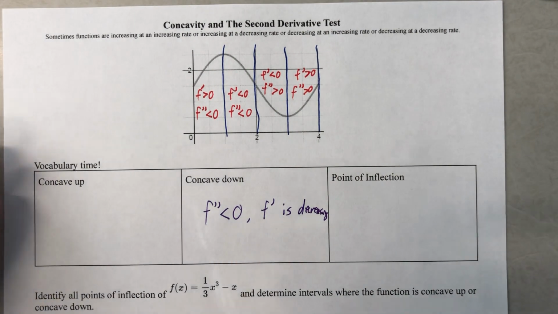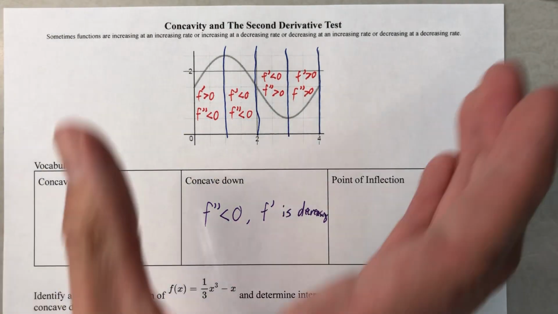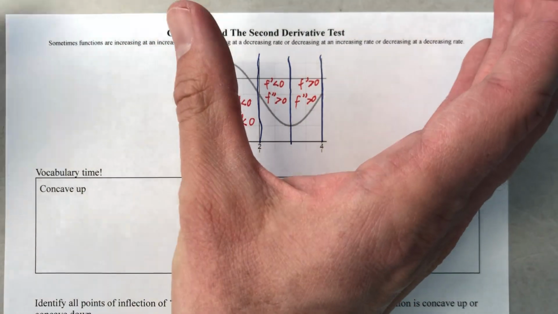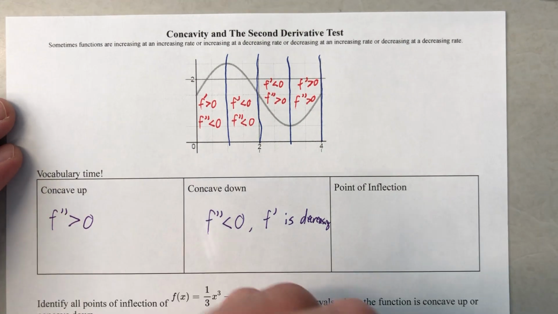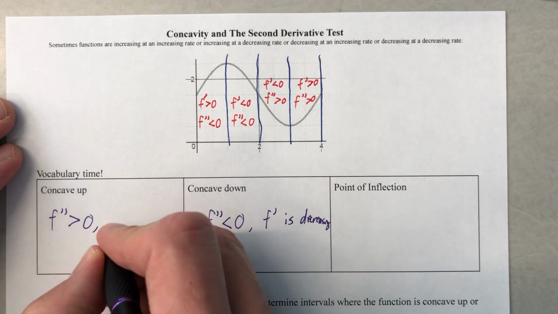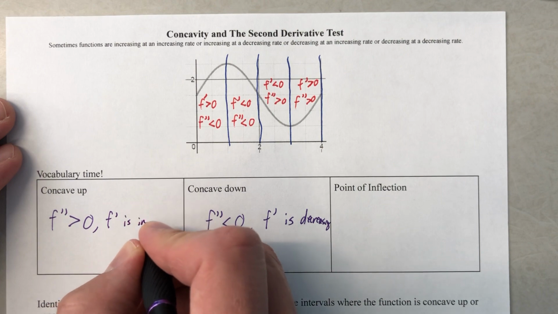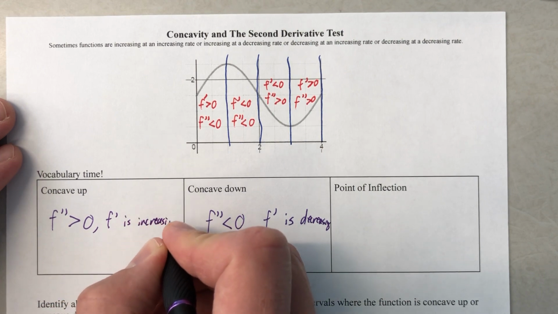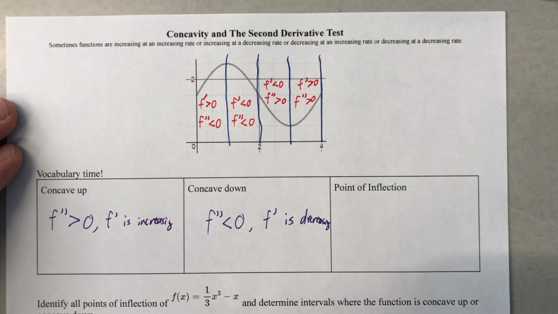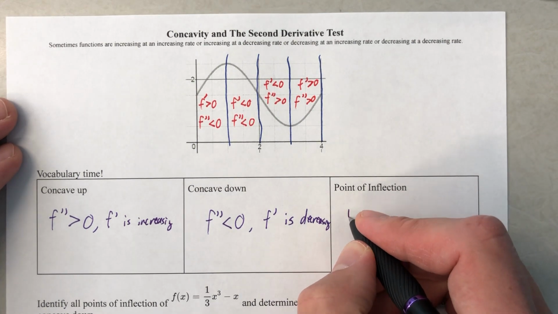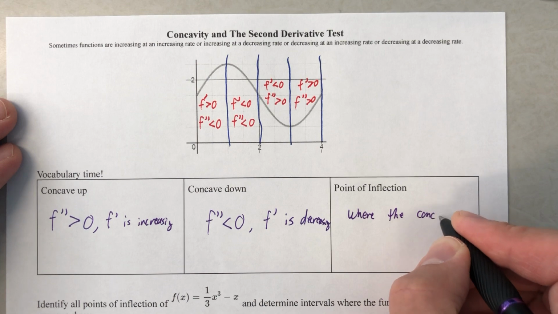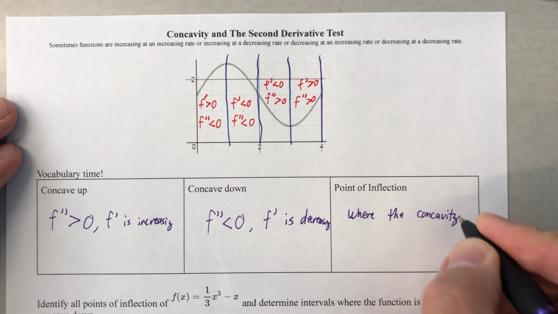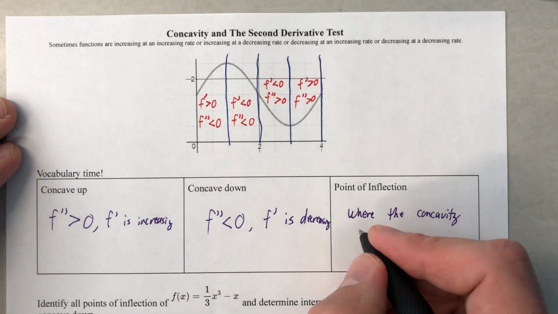Okay, concave up, that would be this one over here. Like if you poured water in this, it would hold water. There it goes. So this is where the second derivative is positive. And we can also say that f prime is increasing. And a point of inflection is where the concavity, concave up, concave down, changes.